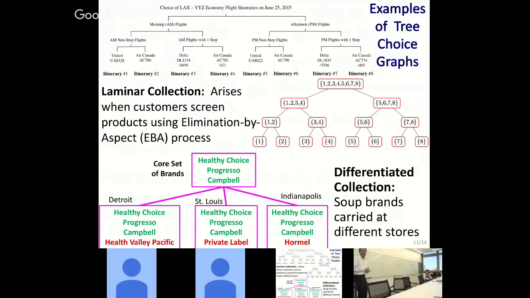What often happens is there's a core subset of brands like Healthy Choice, Progresso, or Campbell's that every store seems to carry. And then each store would augment that core collection with something location specific. Detroit might have Health Valley Pacific, St. Louis might add a private label, or Indianapolis might add, say, Hormel. So that's an example of the tree choice graph.